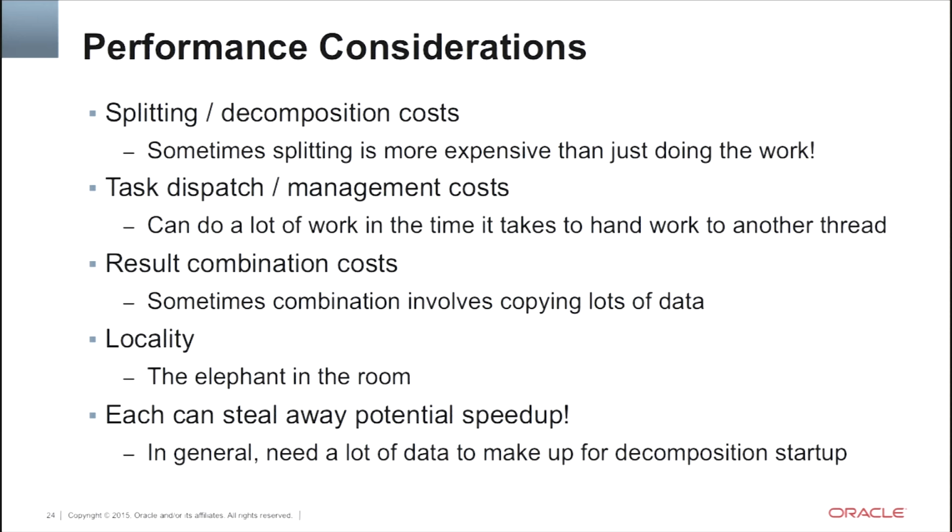If I have bad locality, if every data item requires multiple pointer fetches, then maybe what I'm going to end up with is 16 cores all sitting around waiting for cache misses, and I'm not actually going to get a speed up from that. And you can see this if you use the streams library and you take an array of ints and do a reduce over it and sum them up, and then you take an array of boxed integers and sum them up, and you do it in parallel.